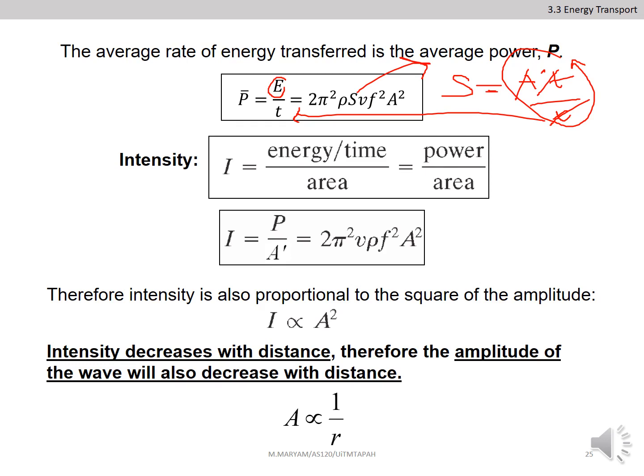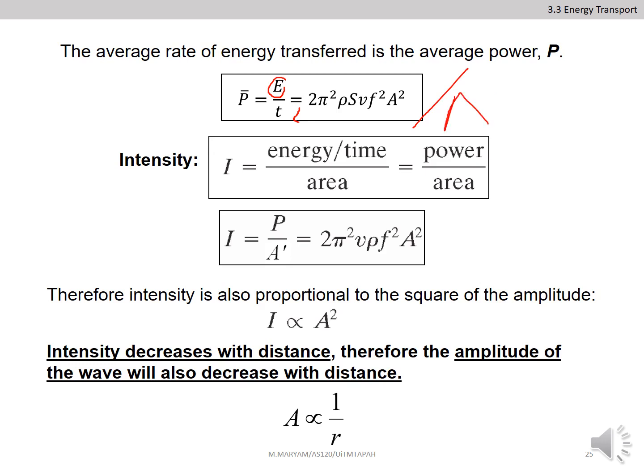Next one, intensity. We already found the power from the energy divided by the time. Then divide again by the area to find the intensity. So we take the equation of power and divide by the area A prime.